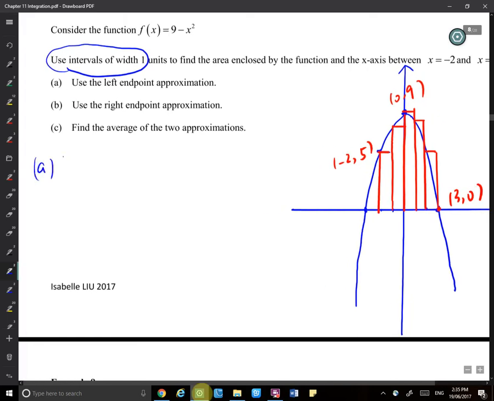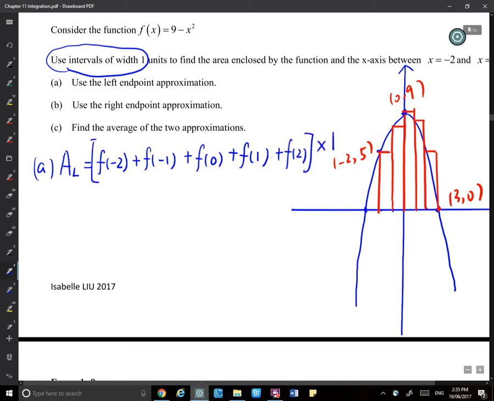If we use the left-hand side, what I will use is f(-2) plus f(-1) plus f(0) plus f(1). How many? 1, 2, 3, 4, 5. And I have one more, f(2). And all of these will be times 1.